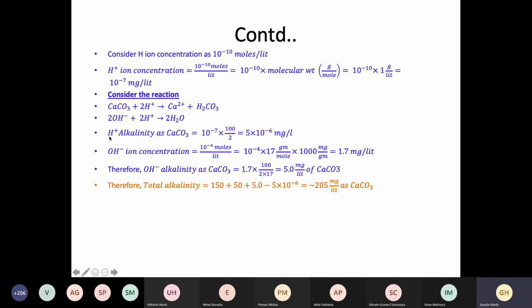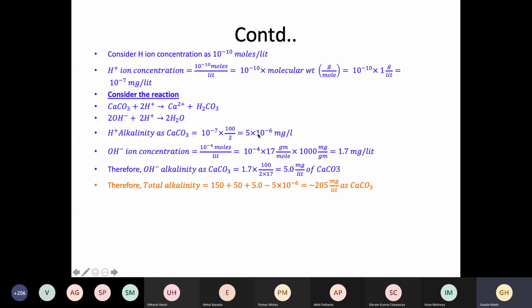So H plus alkalinity as CaCO3 can be determined as 10 raised to minus 7 is the amount, times 100 upon 2, because 2H plus is required to make H2CO3 and it is reacting with 1 mole of CaCO3. So CaCO3 molecular weight will remain 100 only, but the molecular weight of H plus ion would be 2 into 1, so 2.